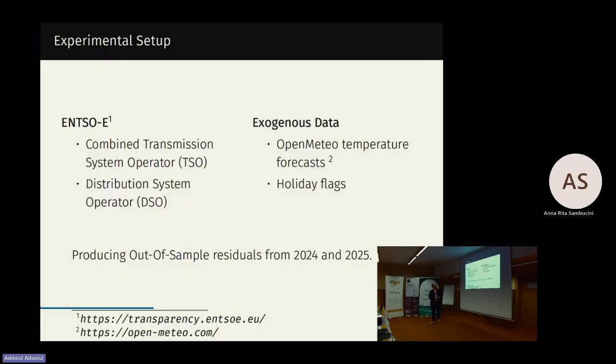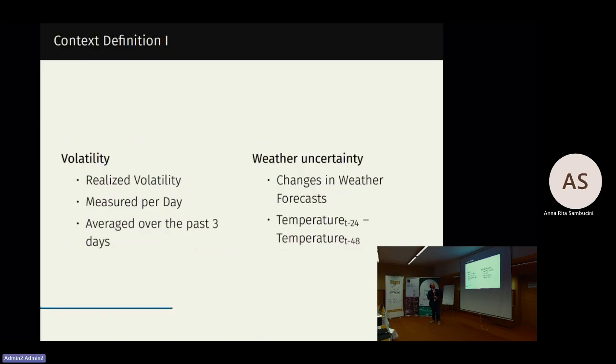And of course, exogenous data such as temperature forecasts, which are provided by Open-Meteo but are essentially refitted or transmitted ECMWF data. To test these kinds of uncertainties, we produced out-of-sample predictions or residuals from the years 2024 and 2025. And we defined different contexts that we wanted to encode, right?